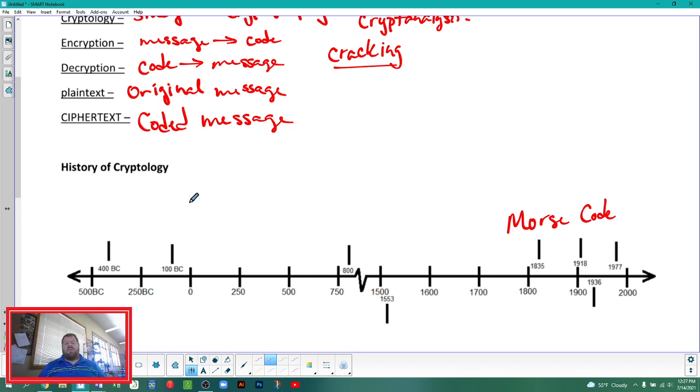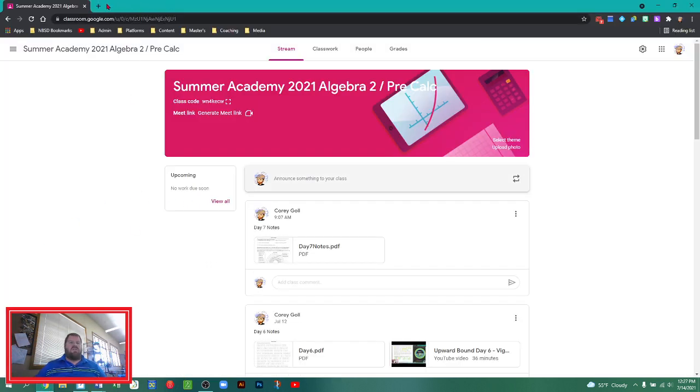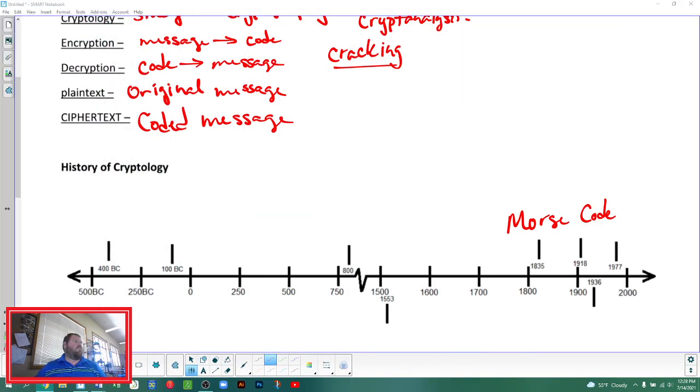But one of the earliest ways to send a coded message was, let me look for it over on the side. Yeah, there it is.